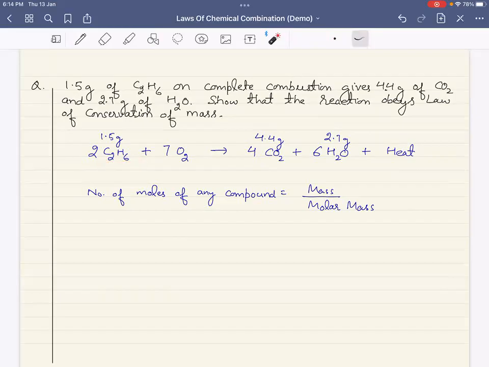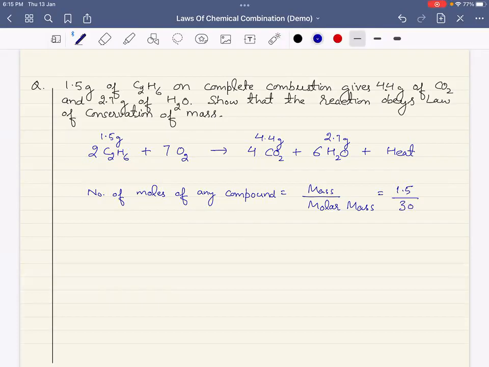For ethane, the mass given is 1.5 gram and molar mass will be, there are 2 carbons, so 12 into 2, 24 plus 6 hydrogen, so 24 plus 6, 30. So divided by the molar mass, that is 30.